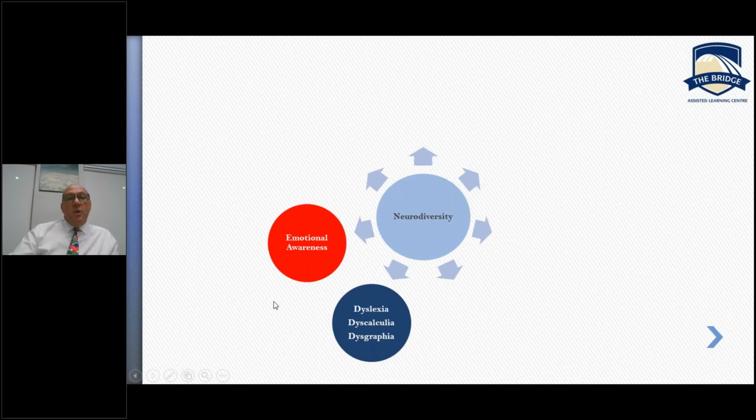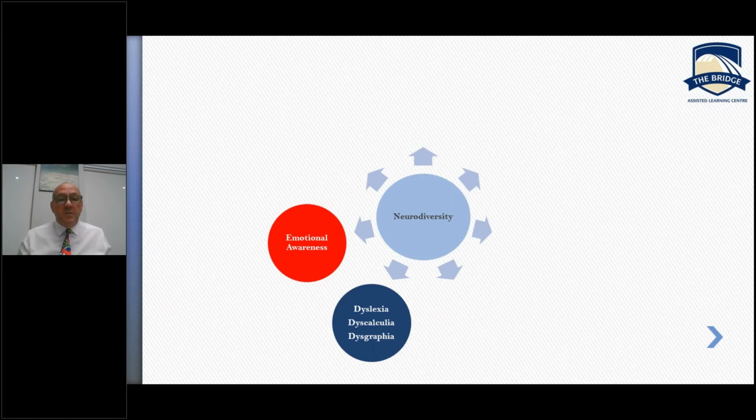What we do find, which is very interesting in our school, we find the emotional awareness of most of the children is very, very strong. So they are very much in tune with each other. When somebody's battling, somebody else would recognize that. They'll say, you're having a bad day. Why are you battling? What about anxiety? Why are you feeling anxious? Why are you feeling worried? And they seem to be very, very in tune.